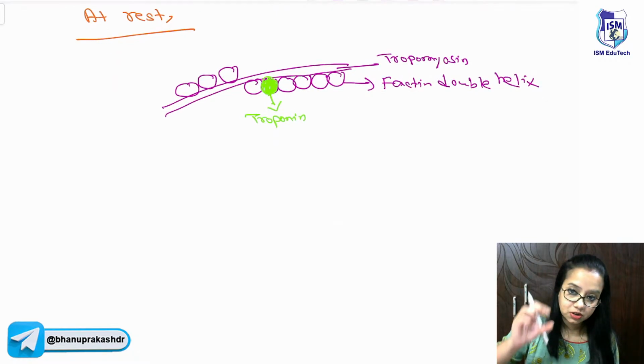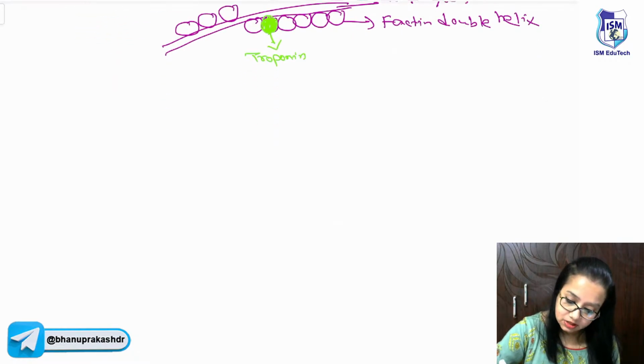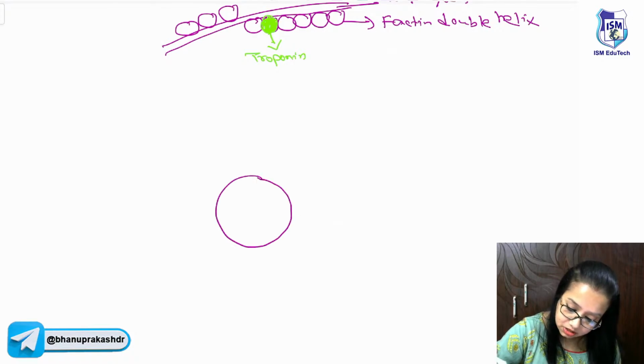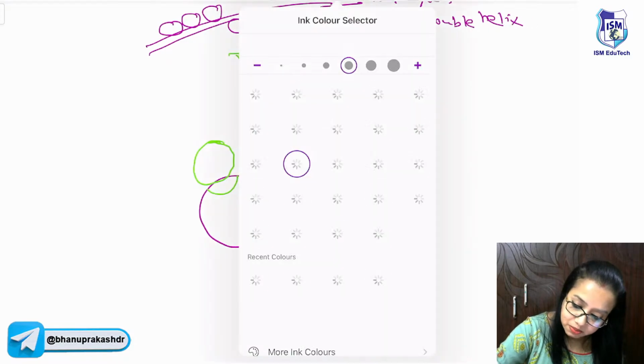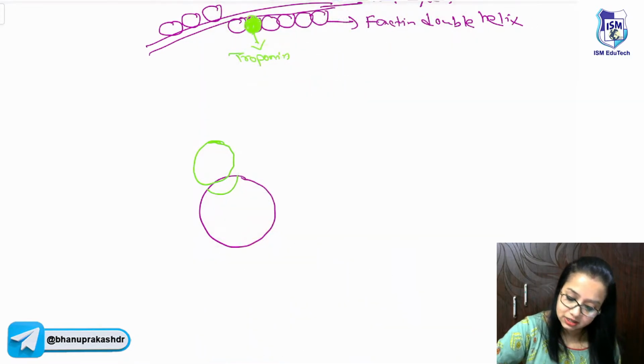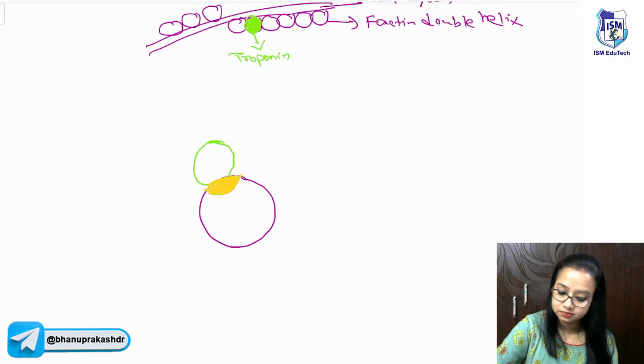For our understanding, suppose I highlight this is one actin molecule and this is our troponin molecule. So, this troponin is covering the binding site on the actin. This is the site on the actin on which the myosin is supposed to bind.